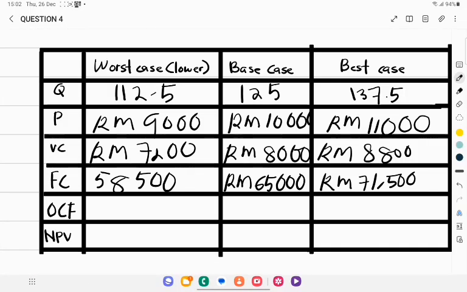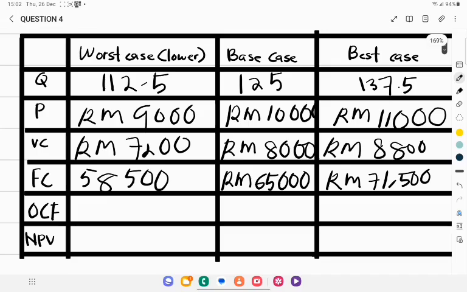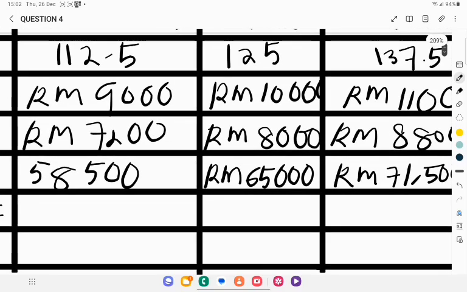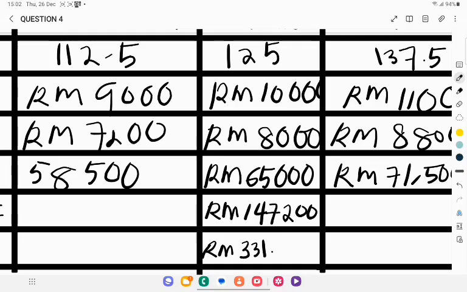So the answer we need to fill in the table for the OCF and NPV. For OCF we got 147,200, and the NPV we got 631,230.72.